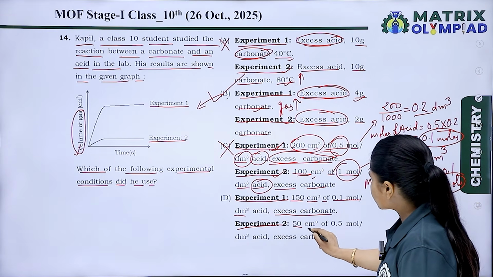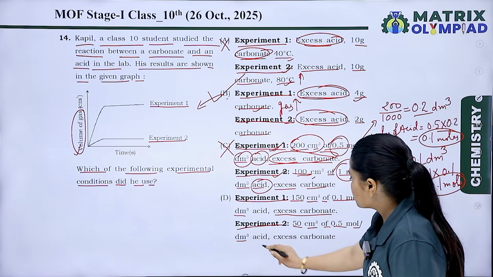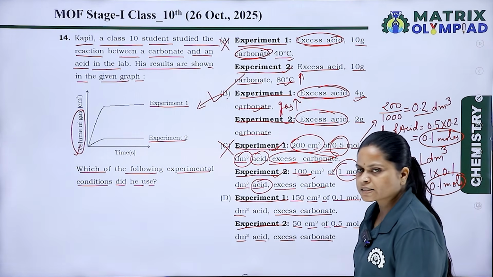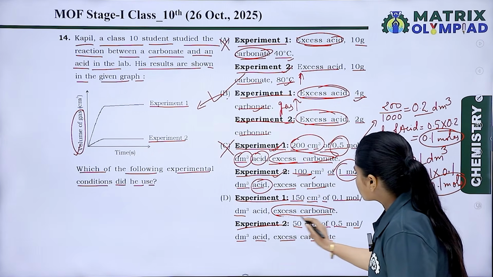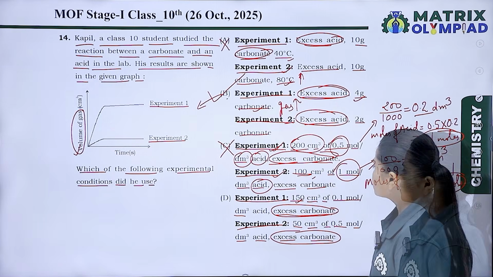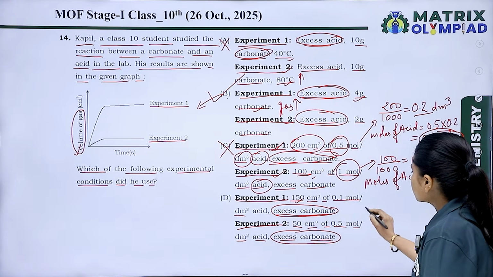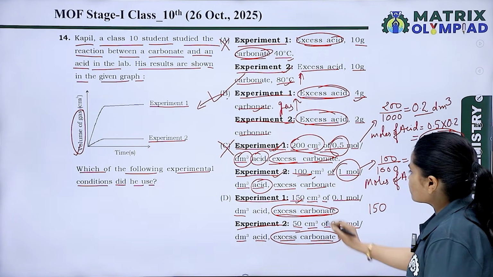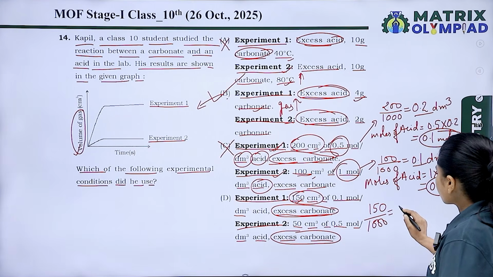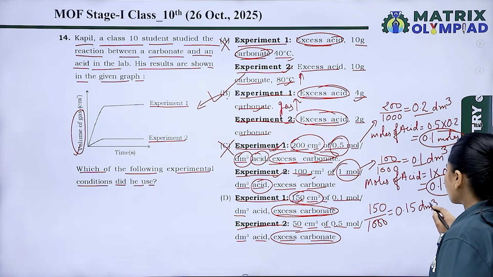Experiment 2, 50 centimeter cube of 0.5 mole per decimeter cube acid and excess carbonate, and in these cases the carbonate is the same in amount, but the amount of acid can be calculated by the same process in which 150 is divided by 1000, so we get 0.15 decimeter cube.